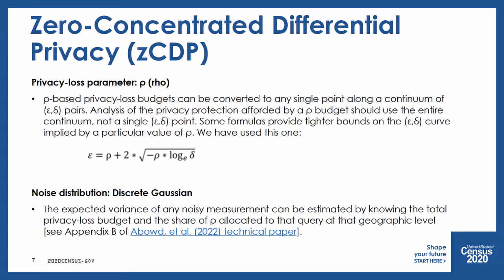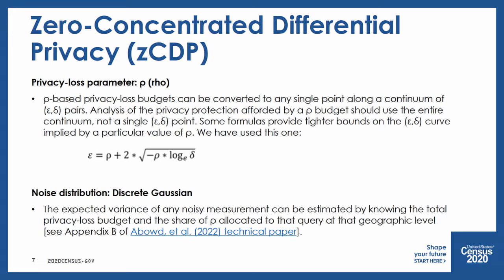Now, some formulas do provide tighter bounds on the epsilon-delta curve implied by any particular value of rho. The formula here is the one that we've used for our public conversions that we include in our privacy loss budget allocation tables. Also important to know is that the noise distribution that we use for the noisy measurements is a discrete Gaussian distribution.